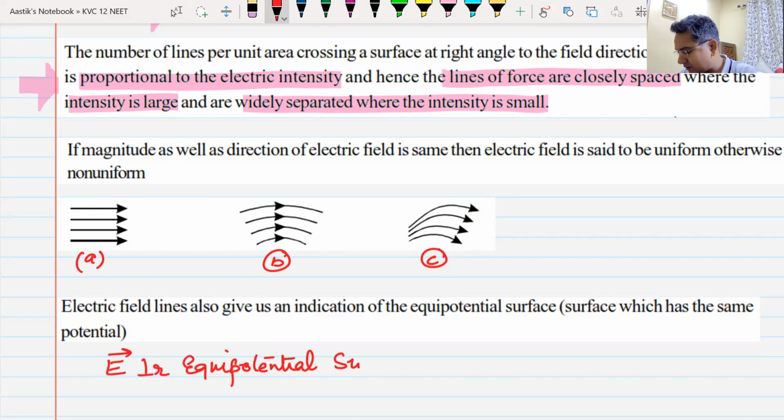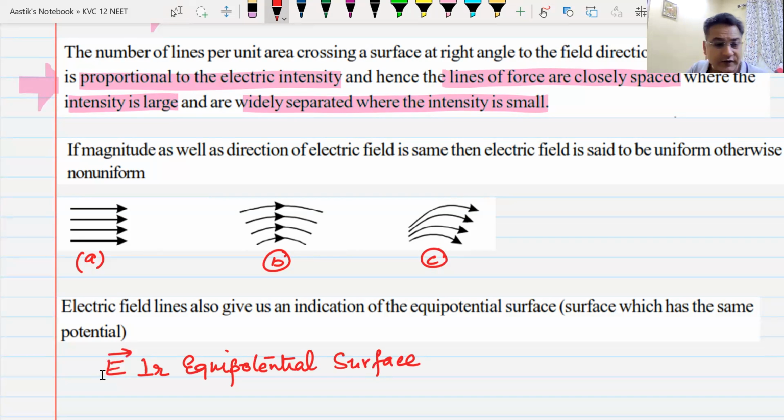Right now, you can just write electric field lines are perpendicular to an equipotential surface. We will understand potential. Don't worry. Just write it now, then you can revisit this.